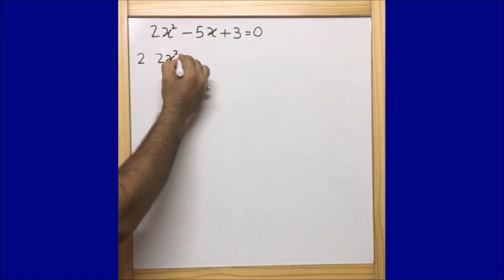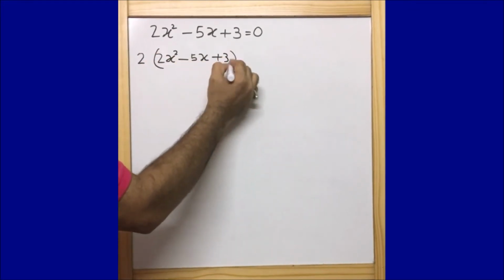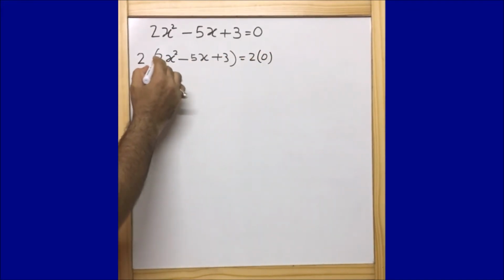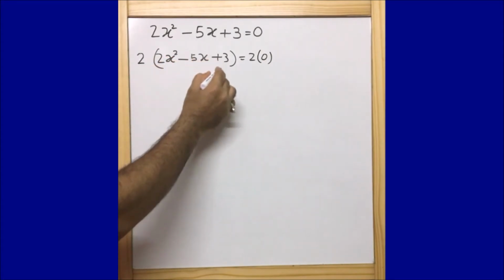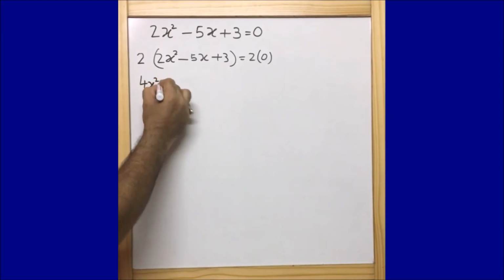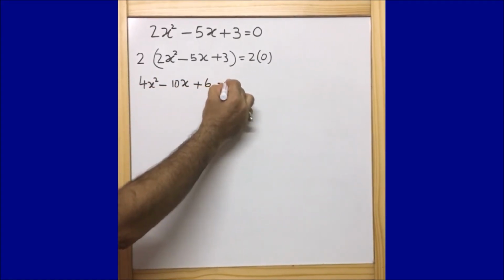So multiplying 2 to both sides of this equation, I got 2 into (2x^2 - 5x + 3) = 2 into 0, or I can say 4x^2 - 10x + 6 = 0.